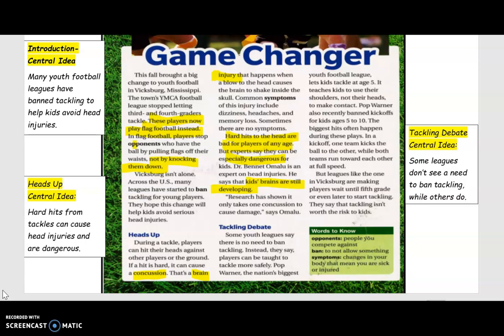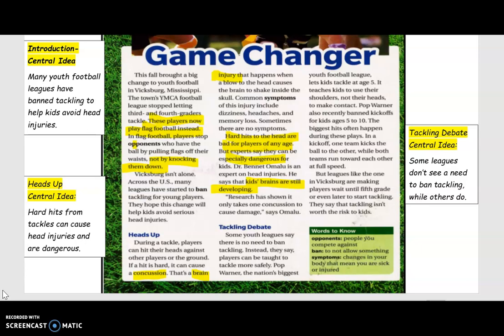Once again, our central idea is some leagues don't see a need to ban tackling while others do. There may be more, but I'm going to choose at least 3 because that's what's needed for our graphic organizer.